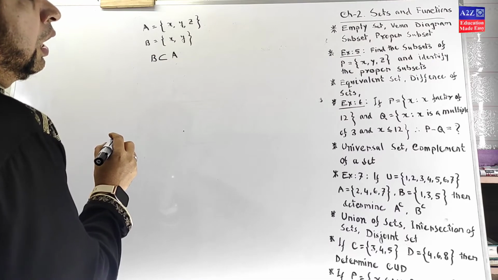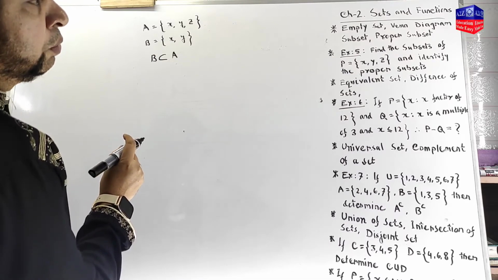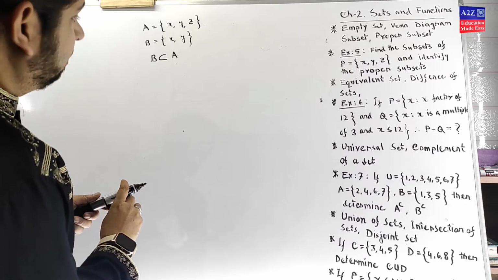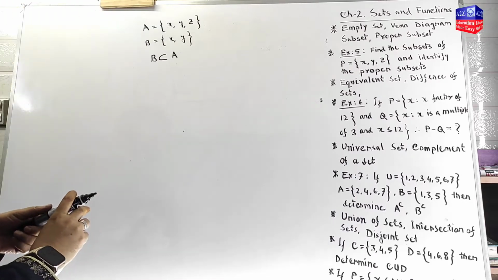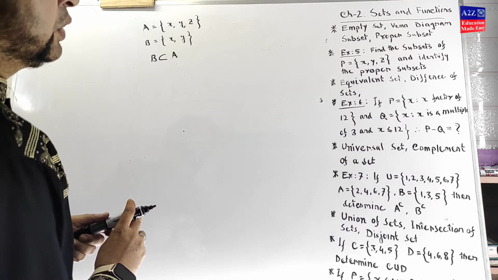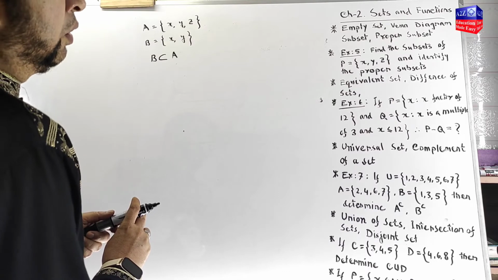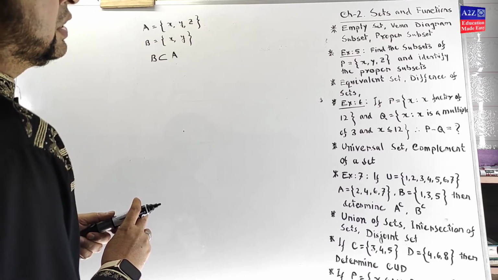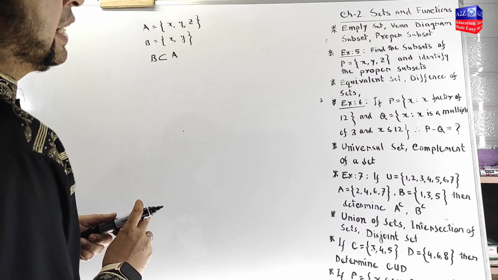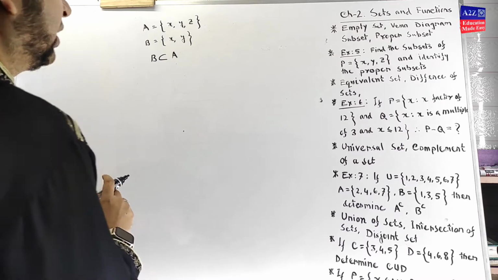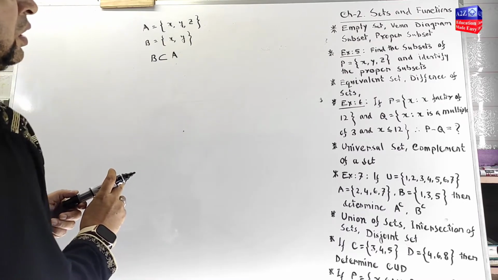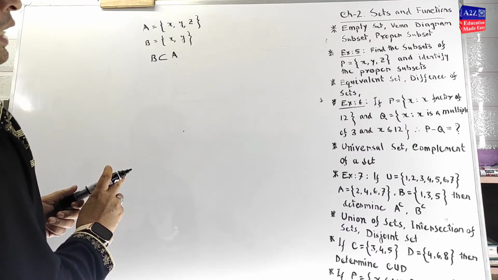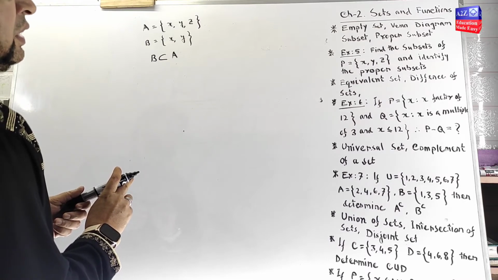Now I would like to solve example problem number 5. In 5, it is said: find the subsets of P where P contains the elements X, Y and Z, and identify the proper subsets. This example will explain the proper subset properly.